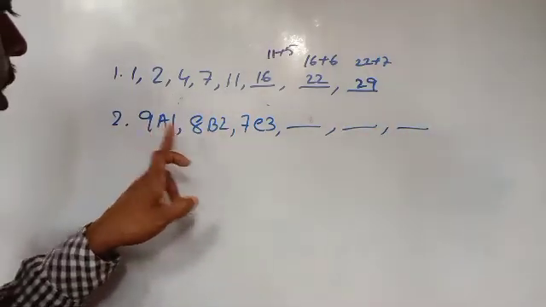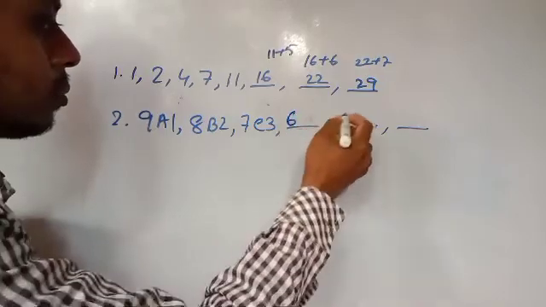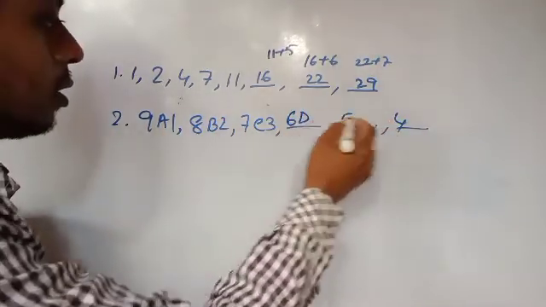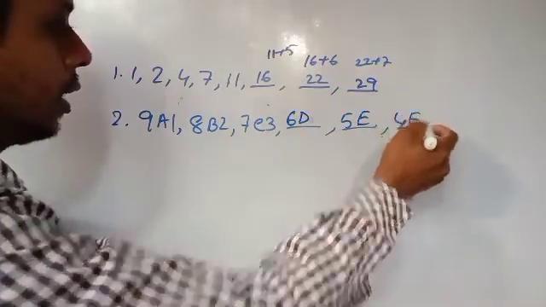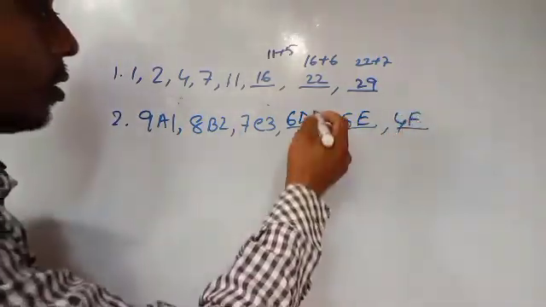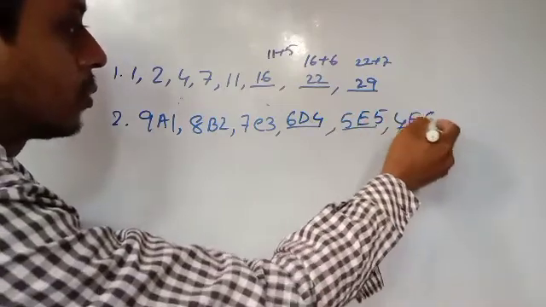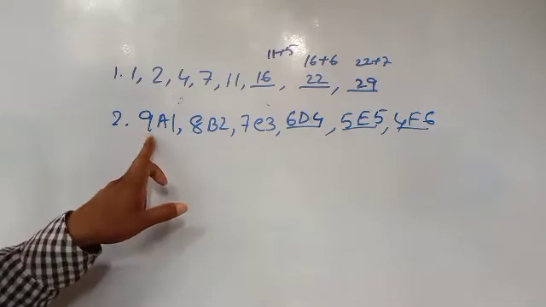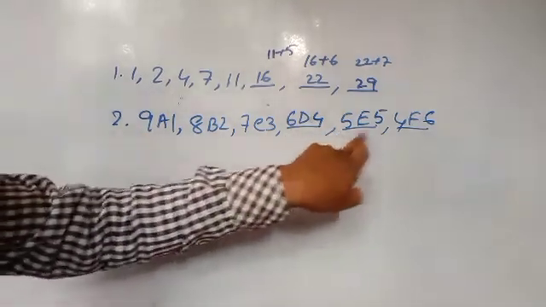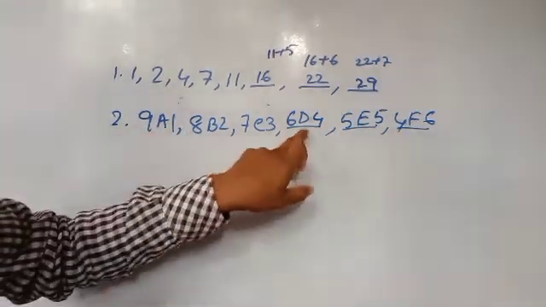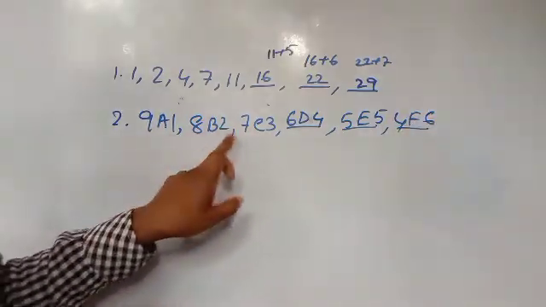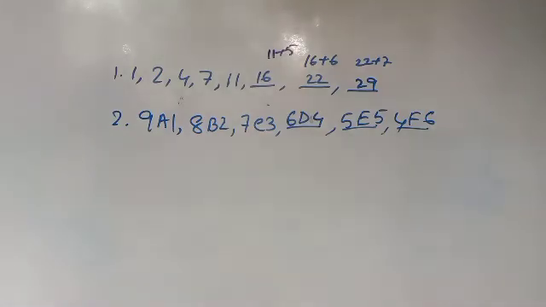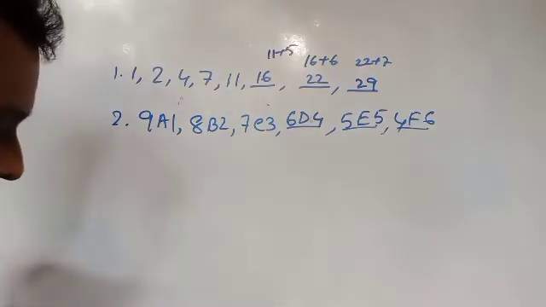First the numbers 9, 8, 7 decrease by 1, then 6, 5, 4. The letters A, B, C, then D, E, F. The numbers 1, 2, 3, then 4, 5, 6. If you continue this way, then you will get this pattern.